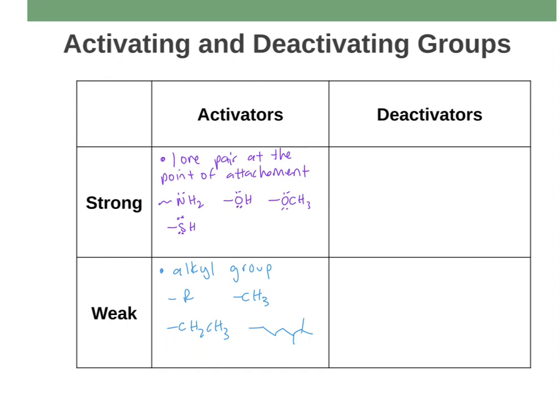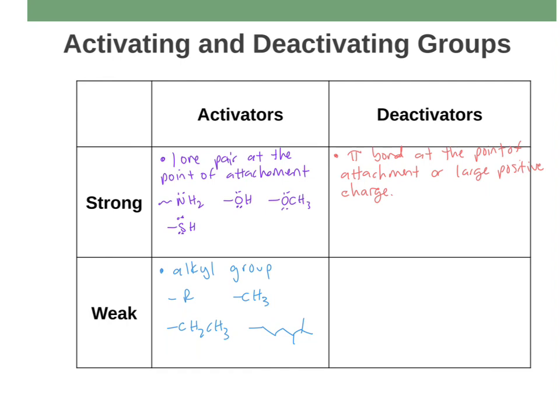Now for my strong deactivators, for the most part, they're going to have a pi bond at the point of attachment, or a large positive charge at that point of attachment.